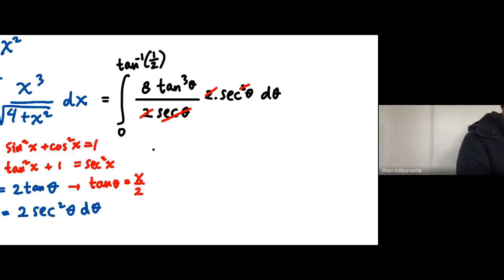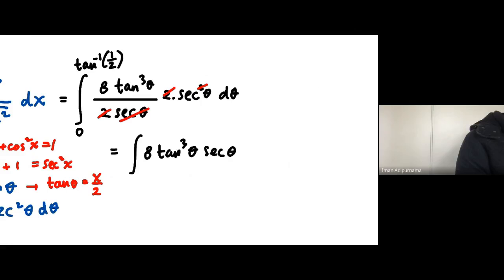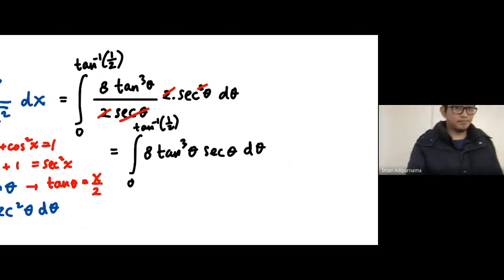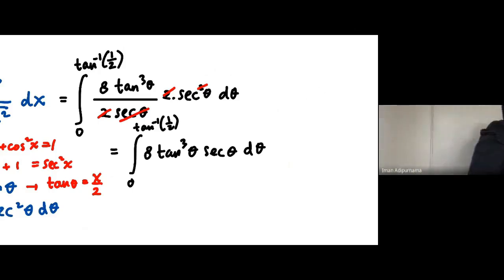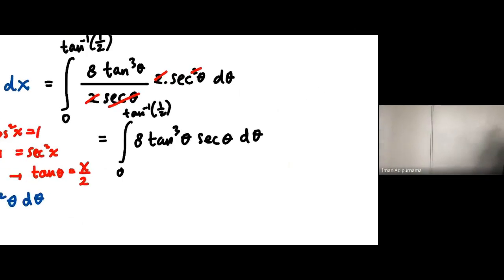Okay, now solve it. We have tangent cubed. Okay, now how to solve this? Remember the part from chapter 7, the trigonometric integrals? You have tangent cubed, it's odd.